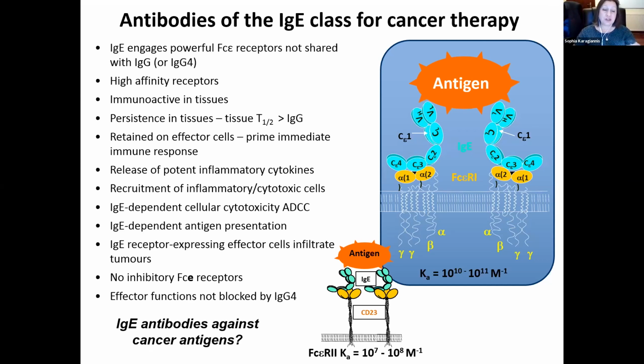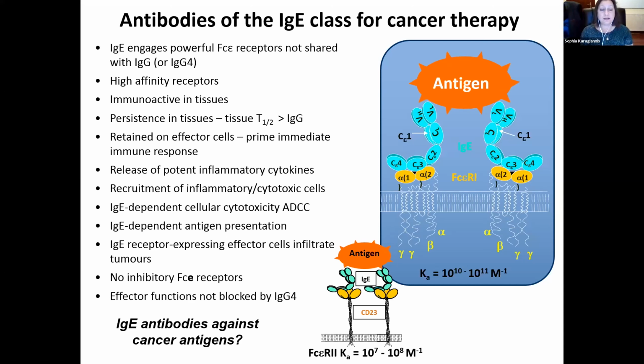And we know that IgE receptor expressing effector cells can also infiltrate tumors. Interestingly, unlike IgG, there is no Fc gamma R2b inhibitory receptor equivalent for IgE, and therefore the button is pressed on. And we wanted to understand how that could be applied in the context of cancer.